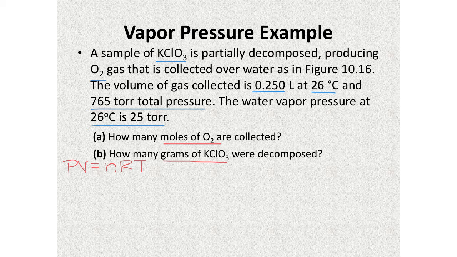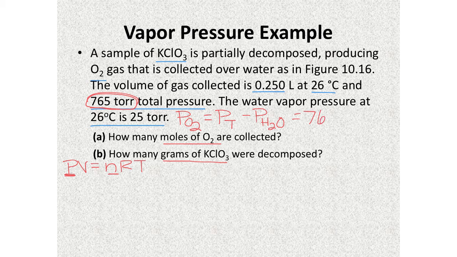Now, if we just put 765 in for this pressure, that is going to give us the moles of oxygen and the moles of water. So what we need to do is first figure out just the pressure of the oxygen.